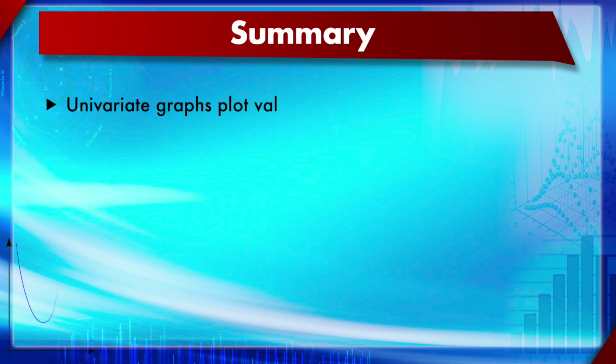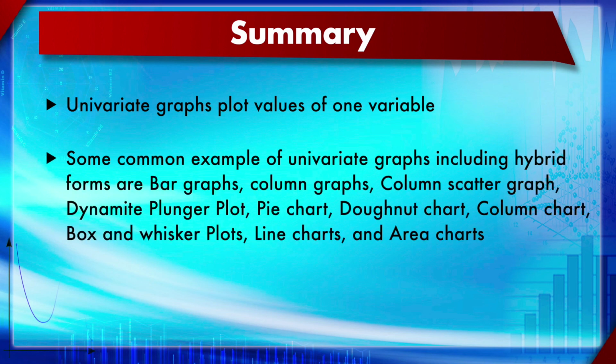In summary, univariate graphs plot values of one variable at a time. Some common examples of univariate graphs, as well as hybrid forms, are bar graphs, column charts, scatter graph, dynamite plunger plot, pie chart, donut chart, box and whisker plots, line charts and area charts.